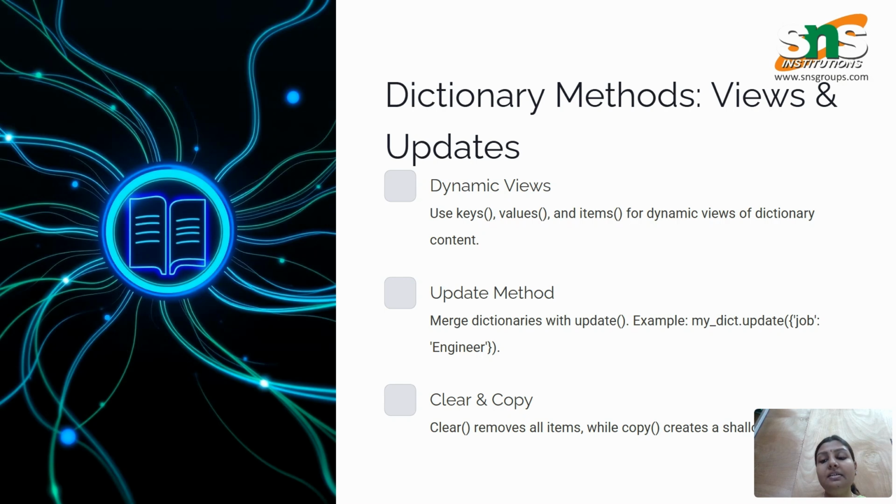Example, my_dict.update, opening parenthesis, opening curly bracket, job colon engineer. Clear and copy. Clear removes all items while copy creates a shallow duplicate.